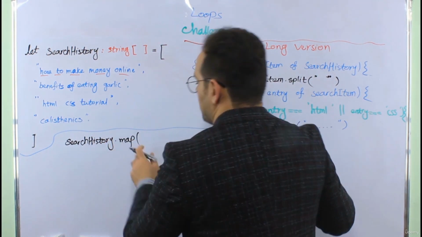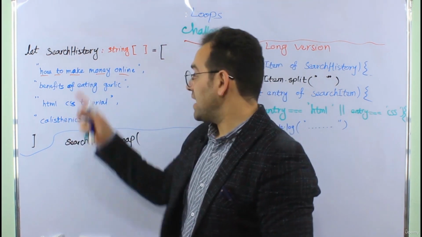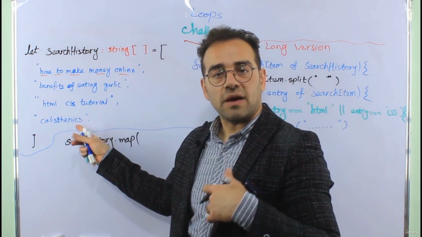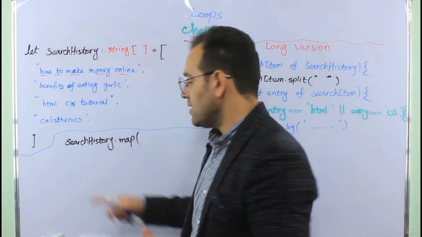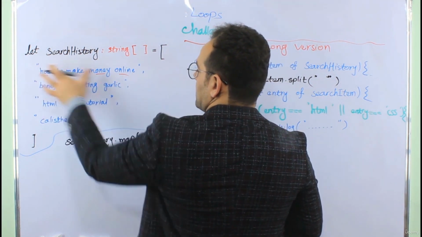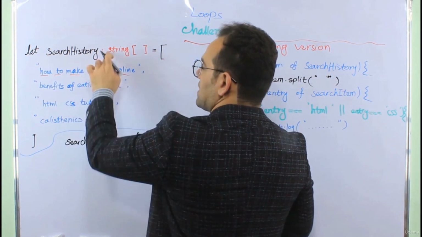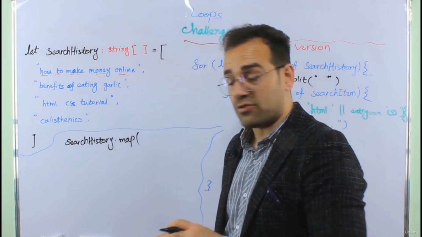Now map is going to map through this array. And every time it maps these items, we can apply a function on every individual item of this array. Now keep in mind, even though this is a sentence, from here to here, this is an array item. We don't care if it is a sentence or a single word. That is an array item.